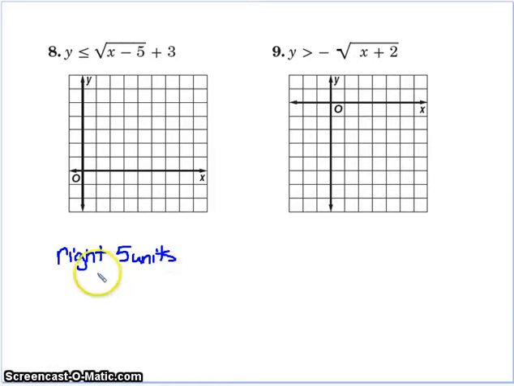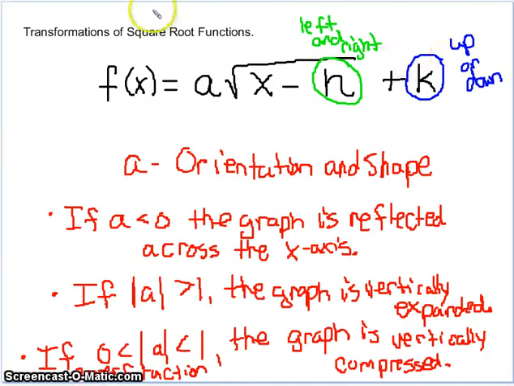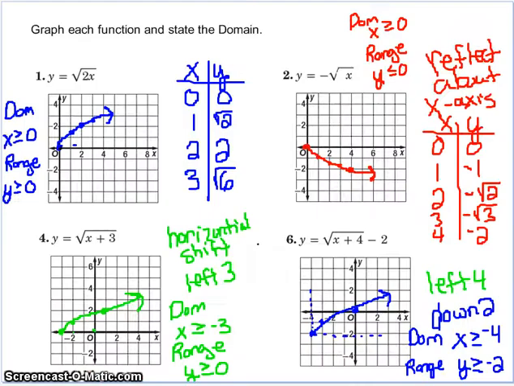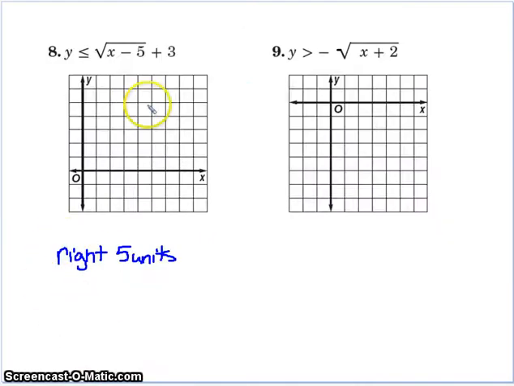We're taking our original parent function of the square root of x, and we're moving to the right 5 units. And then this +3 hanging out here, that is our vertical shift. That's going to move us up or down. So because it's a +3, that means we're going to go up 3 units.